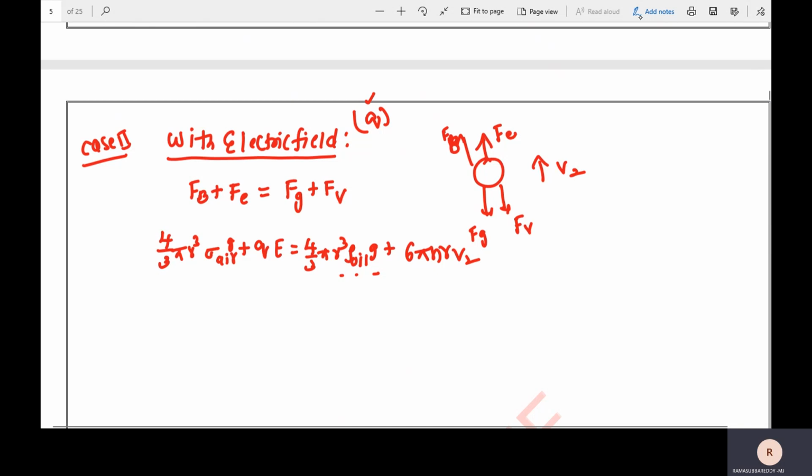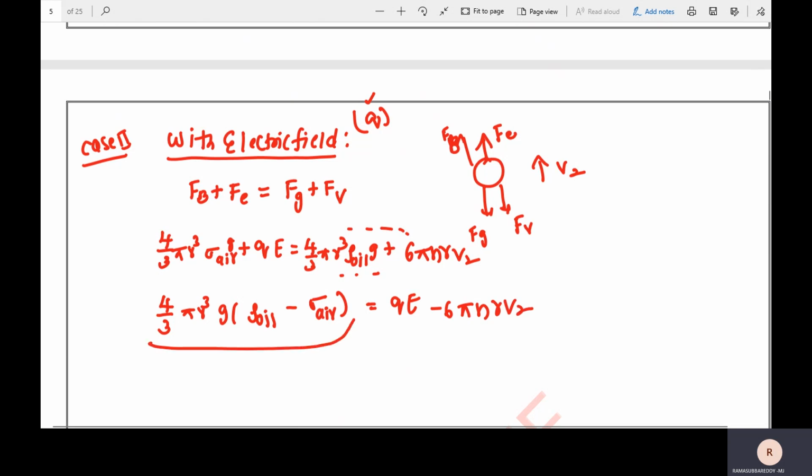Now from this we get 4 by 3 pi r cube into g, density of oil minus density of air, which is equal to QE minus 6 pi eta r v2, when we bring the terms to this side.